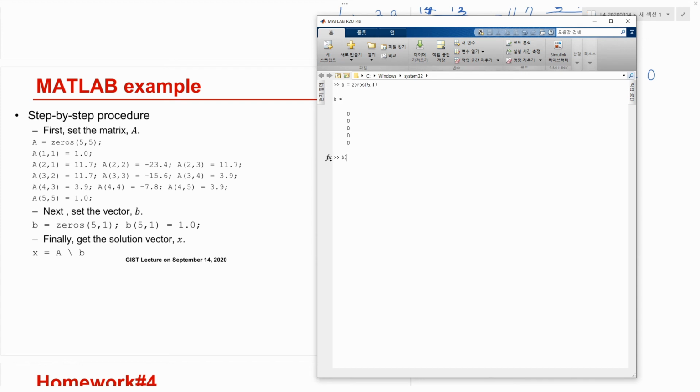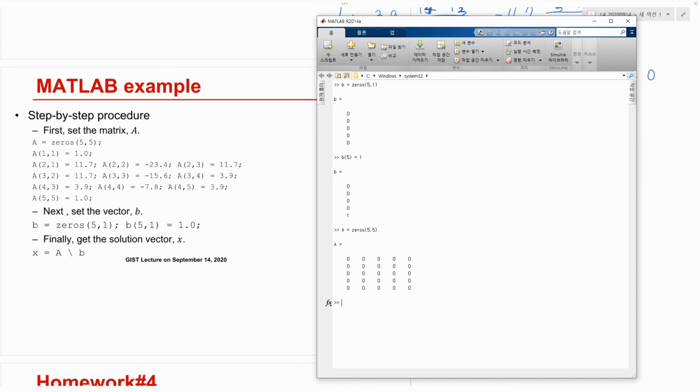And its fifth component becomes 1. Okay, we have prepared B. And how about A? Then A should be a square matrix whose size is 5 by 5.